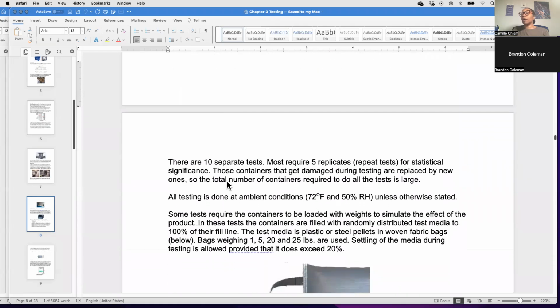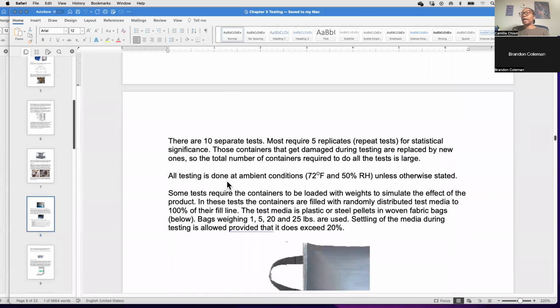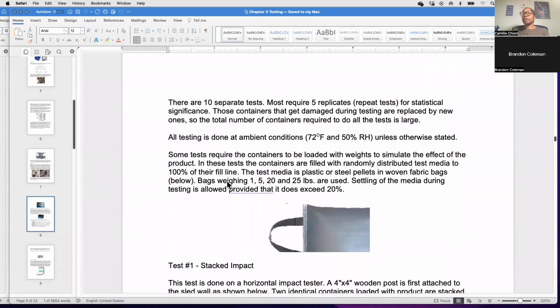But then for the RC9, as I mentioned yesterday, there are 10 separate tests, and most of those tests you have to do 5 times. They have to be repeatable so that you know for sure that if you test once and it passes, you retest it and it passes, because maybe that was a fluke. Or if you test one time and it fails, you want to test again.